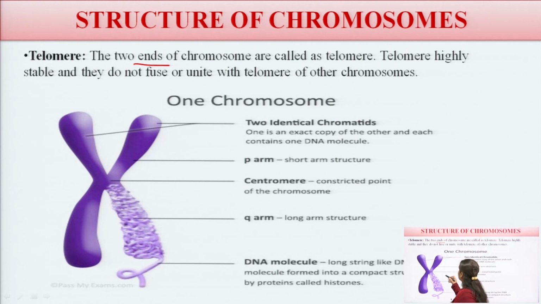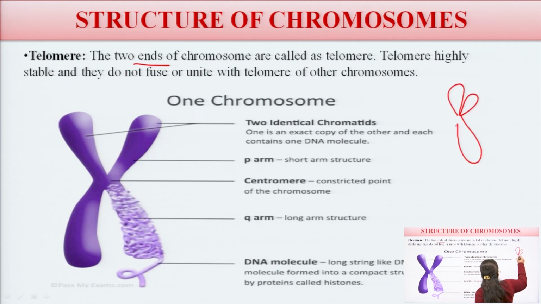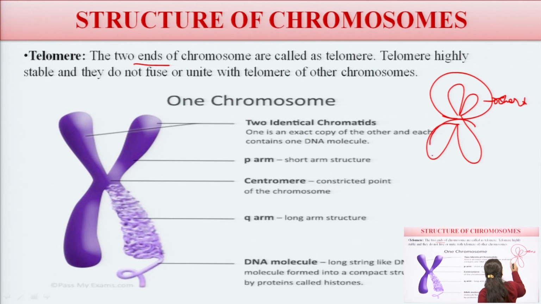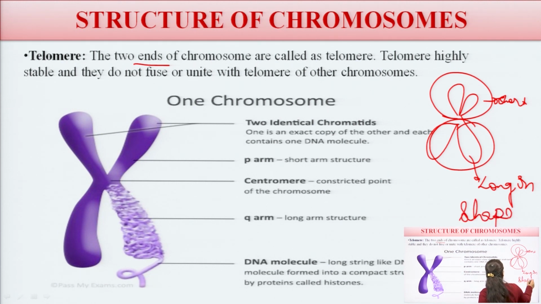So, always remember that these two upper halves are short and the lower structure is long in shape. Okay, so this is the structure of one chromosome.